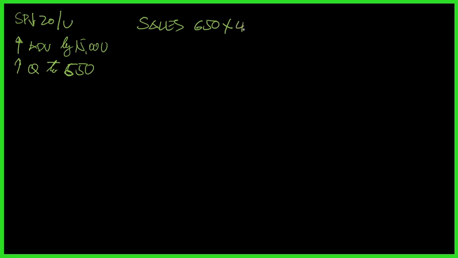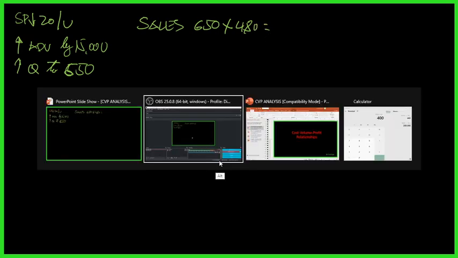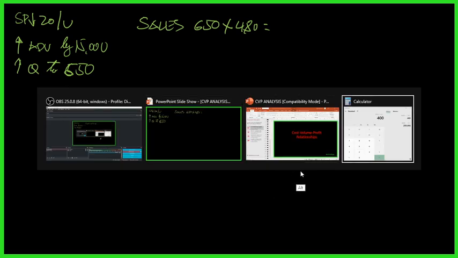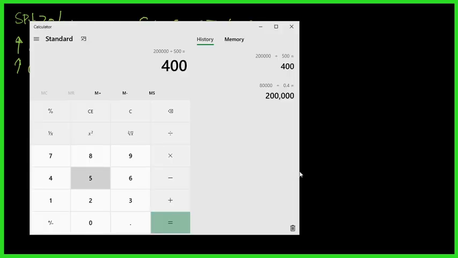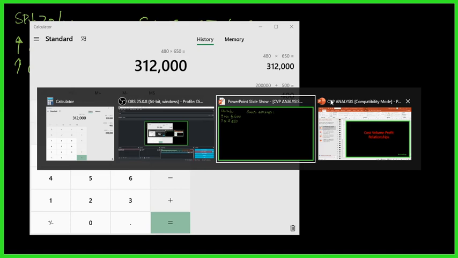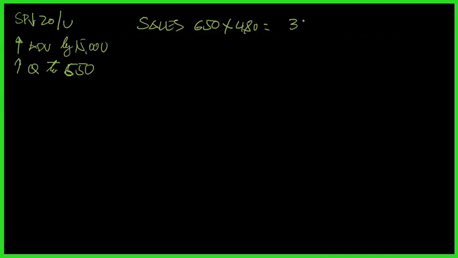Sulat na natin. Punta nga tayo dito. Ayan. 500 minus 20, that's 480. Multiply that by 650. Tara! It's now 312,000.